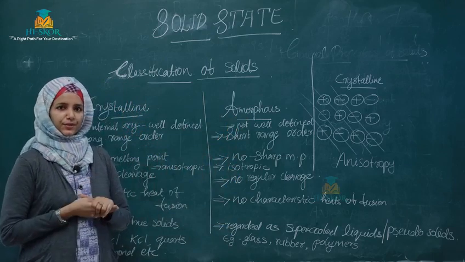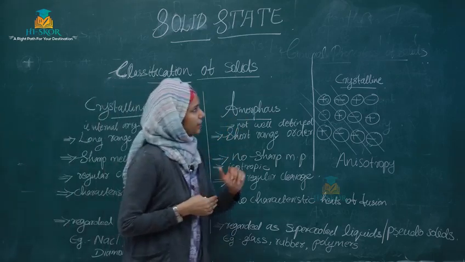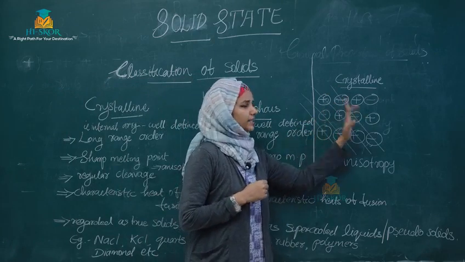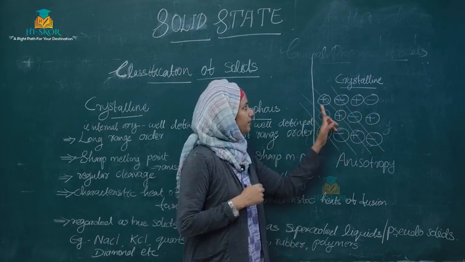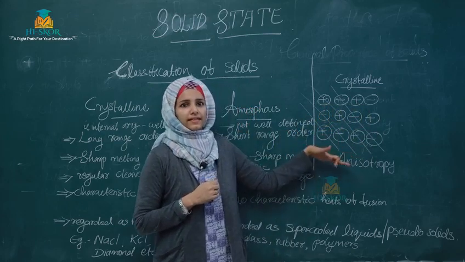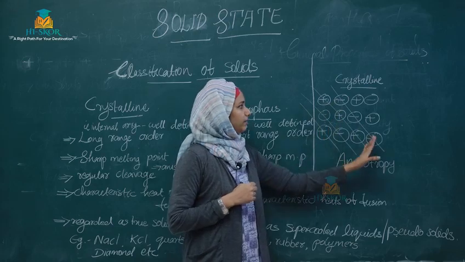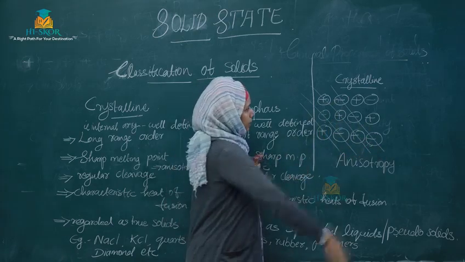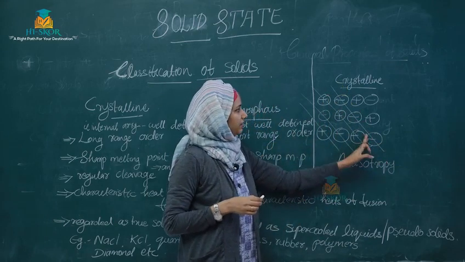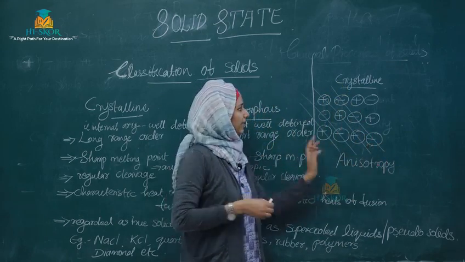And what is anisotropy? I told you in crystalline solids we can see a regular arrangement of units or constituent particles. So in this particular structure the constituent particles are arranged in a regular fashion. When you pass light through these solids, what will happen?